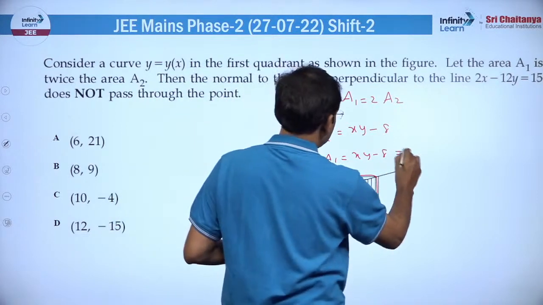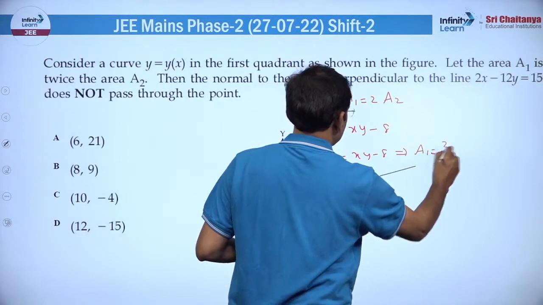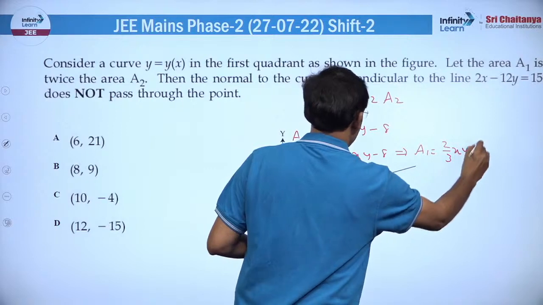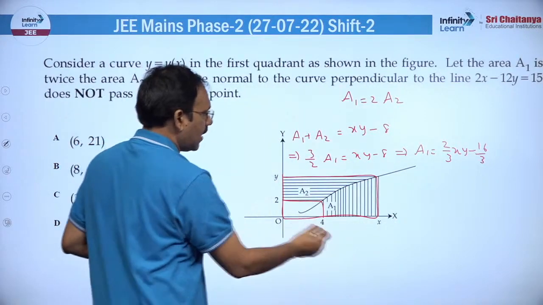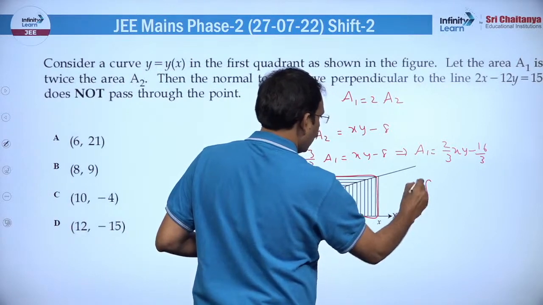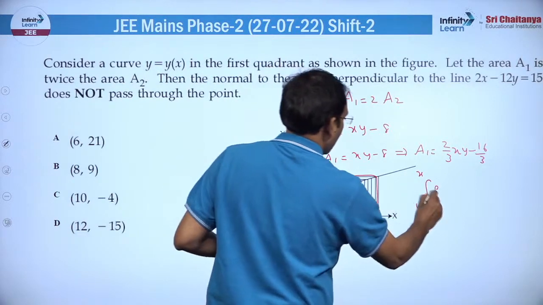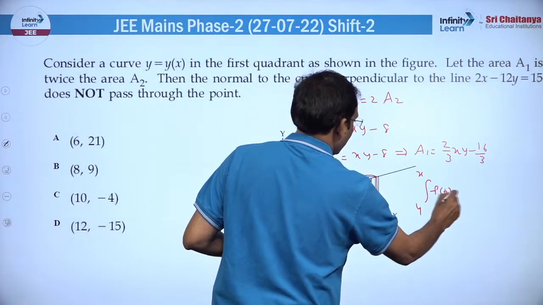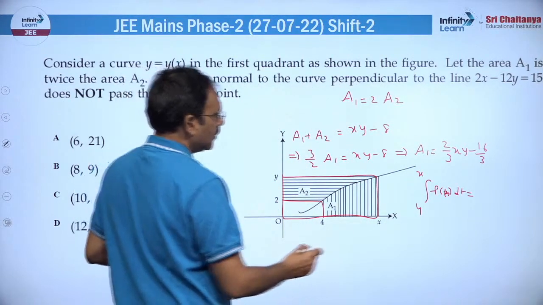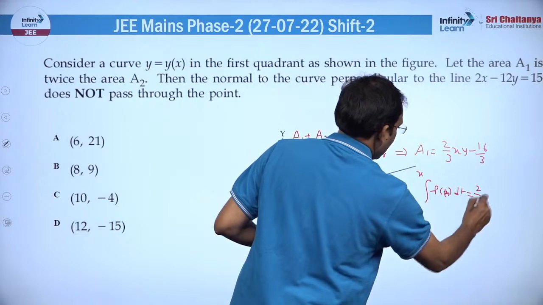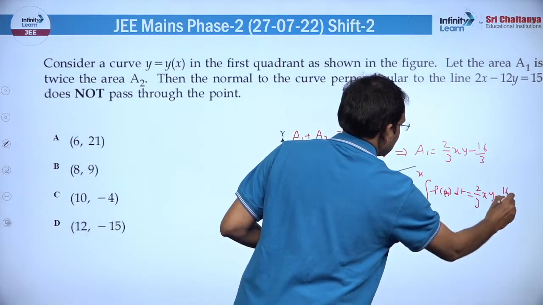So you can say, my dear friends, A1 is 2 by 3 xy minus 16 by 3, whereas what is A1? Integral 4 to x f of x dx or f of t dt, anything is fine, is going to be 2 by 3 xy minus 16 by 3.